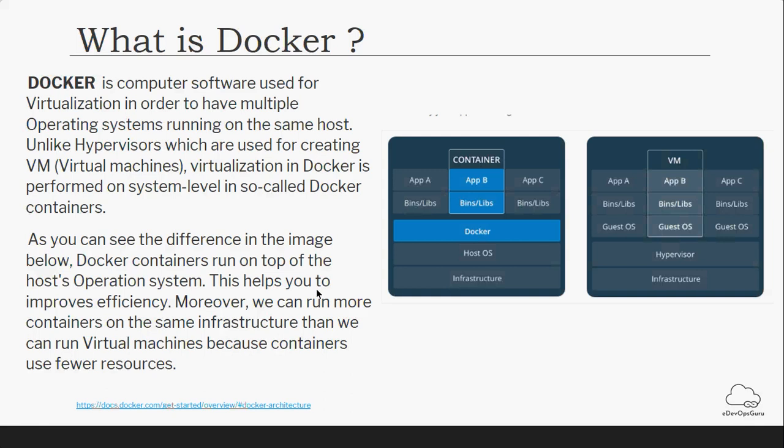Then we now have a new way of virtualization where Docker basically runs on a host operating system, but provides you an isolated execution environment where you can run your application. So basically it comes with two layers. One is the application execution environment.